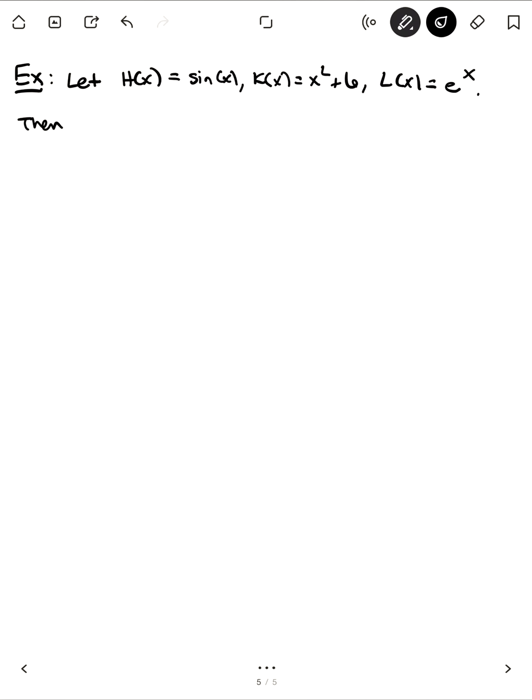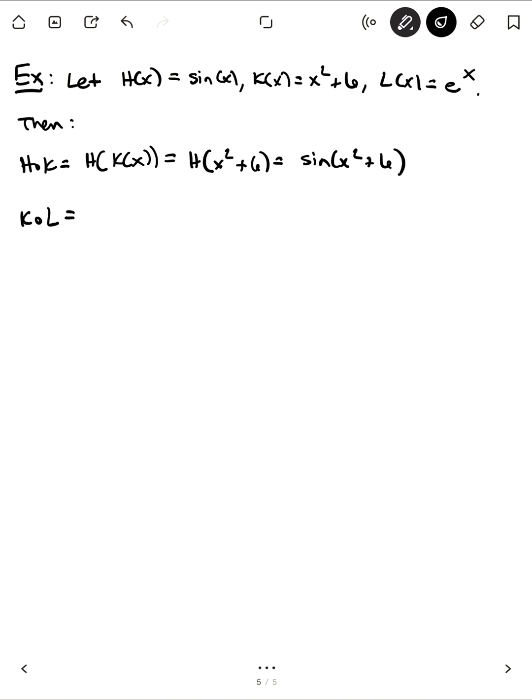Then h∘k is h of k of x, which is h of x squared plus 6, which is sine of x squared plus 6. k∘L is k of L of x, which is k of e to the x, which is e to the 2x plus 6.